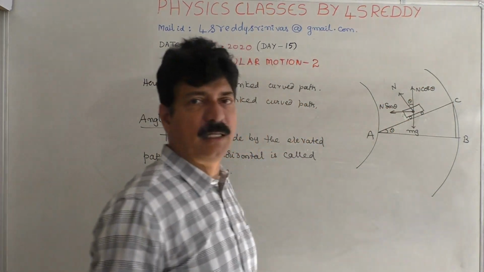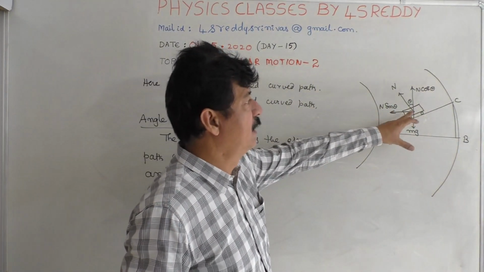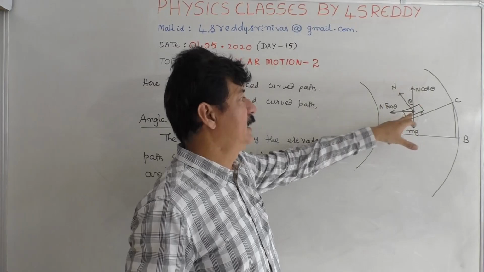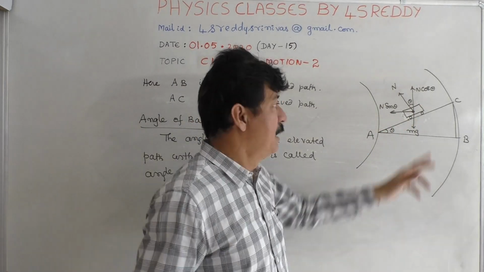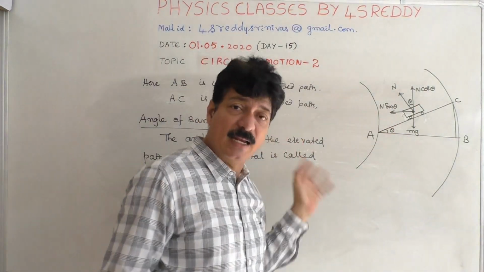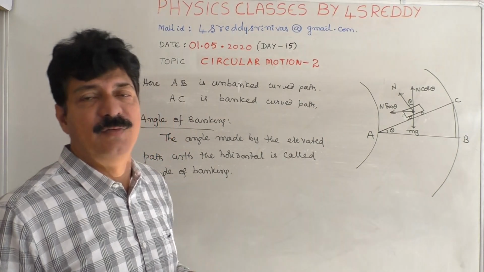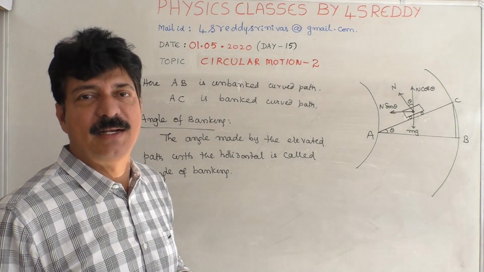We'll discuss the resolution of vectors in the later stage. You should just have an idea. The vertical component is N cos theta and the horizontal component is N sin theta. But the vertical component N cos theta is balanced by mg. The unbalanced force N sin theta, directed toward the center, is nothing but the centripetal force.